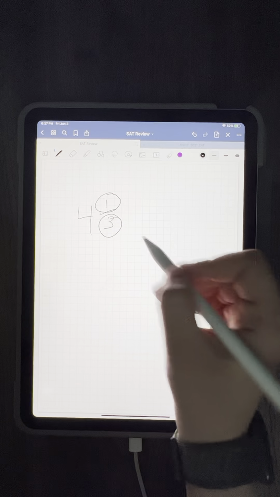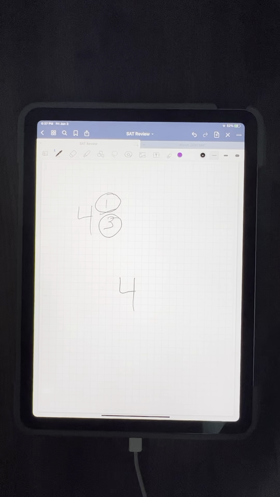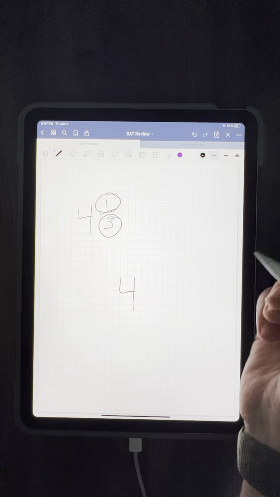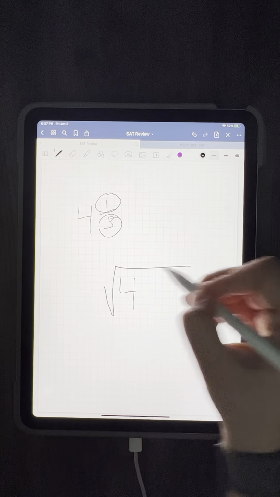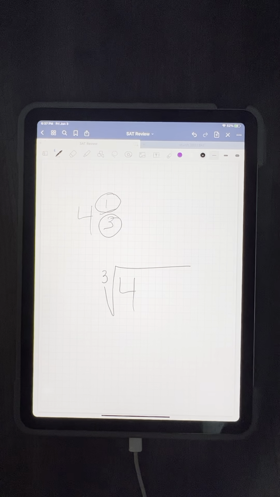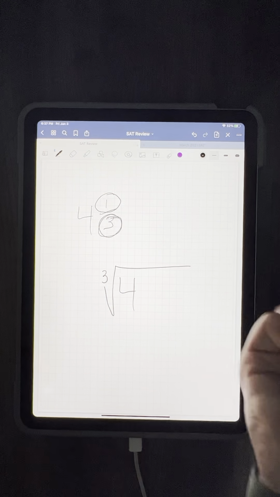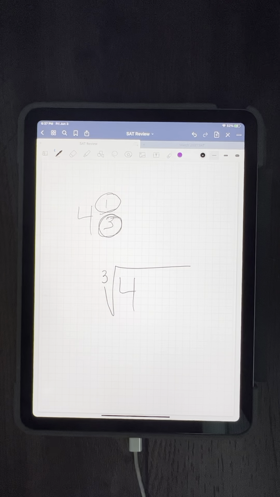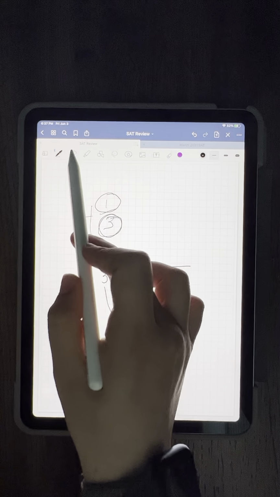So if it's power over root, you're going to put your 4, and then to the power of 1 is just 4. You don't really need to write that. You can if you want. And then you need to cube root that, because that's our root. We had 1/3, and that's a 3, right? So that's how you do fractions.